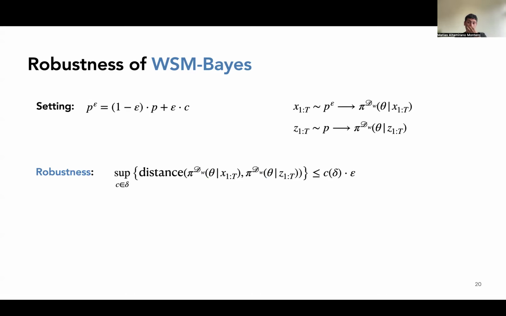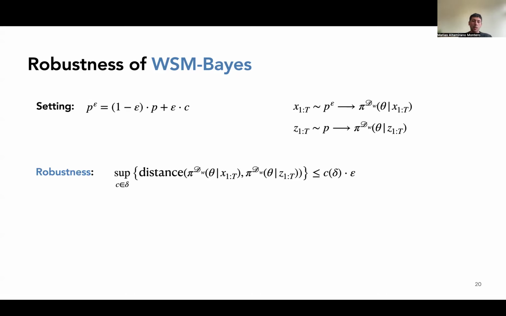How do we show that this posterior is robust? Well, we use these ideas of the influence function that was proposed first by Ghosh and Basu, and then it was extended to divergence-based posteriors by Takuo.